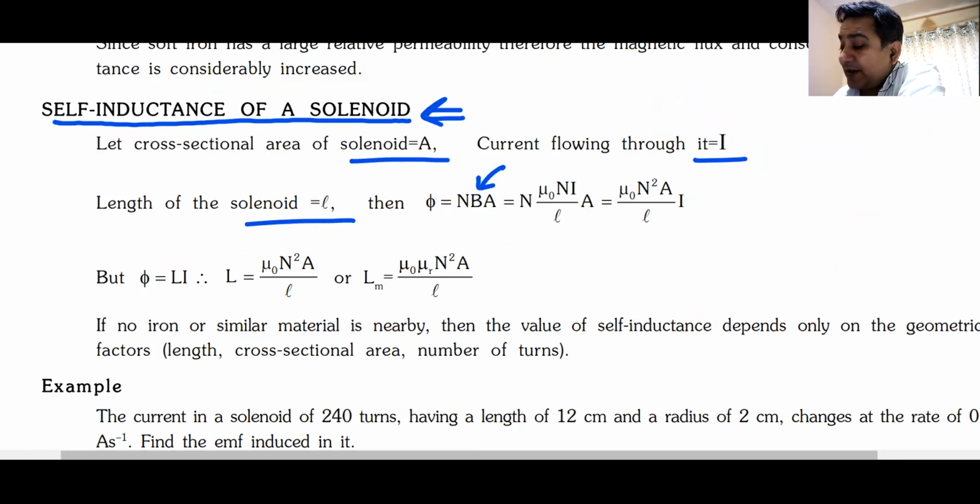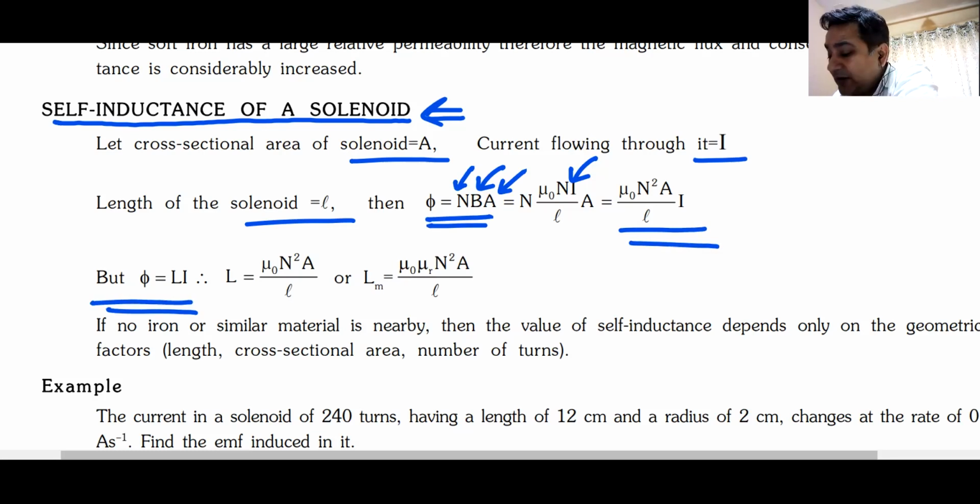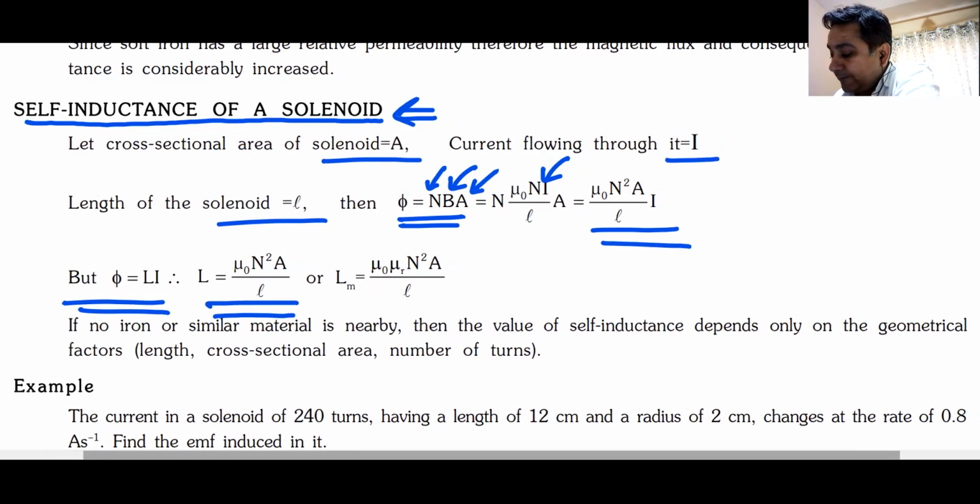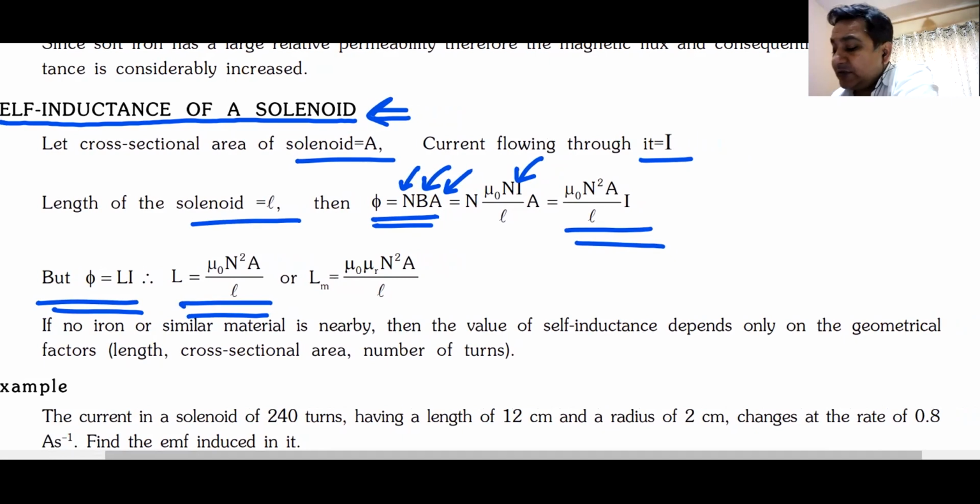You find the magnetic field, which will be equal to mu naught N i by L. Then you multiply it by the number of turns and the area. You will get the total flux linkage. Total flux linkage has to be equal to Li. Whatever remains is the self-inductance of the coil. Am I clear?